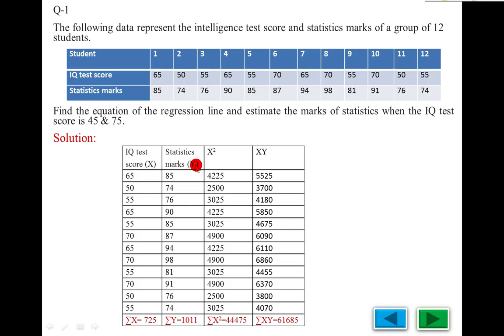For the regression line, first we will calculate X square of all these values, and X into Y, multiplying all X with the corresponding Y, and then add all these values.